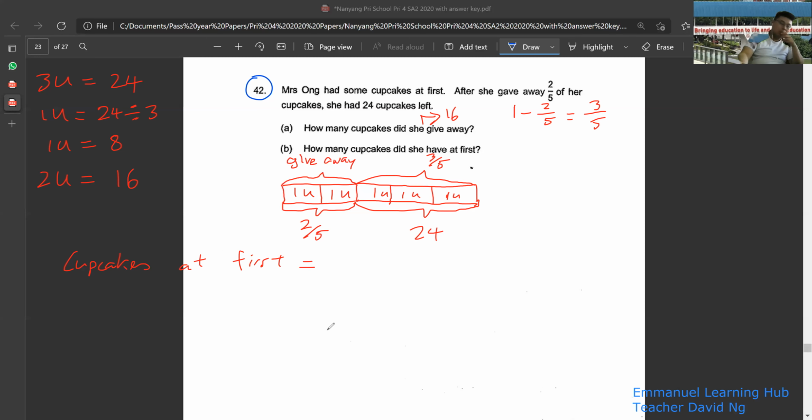You know how to count, right? Yeah. How many units are there at first? 5. 5 units, right? Yeah. So 5 units is... One unit is 8, right? So 5 units will be 5 multiplied by how many?